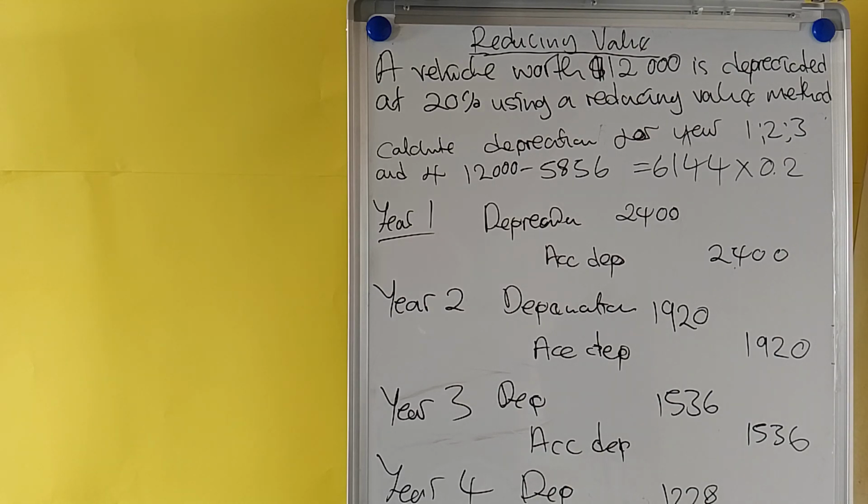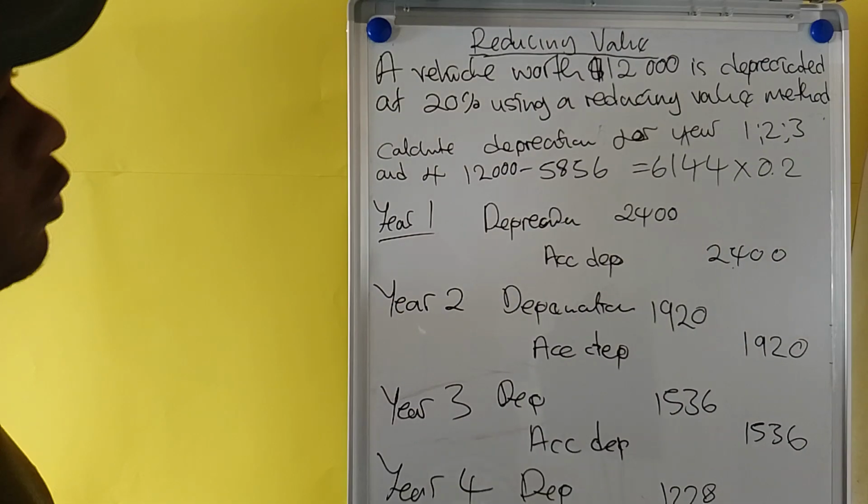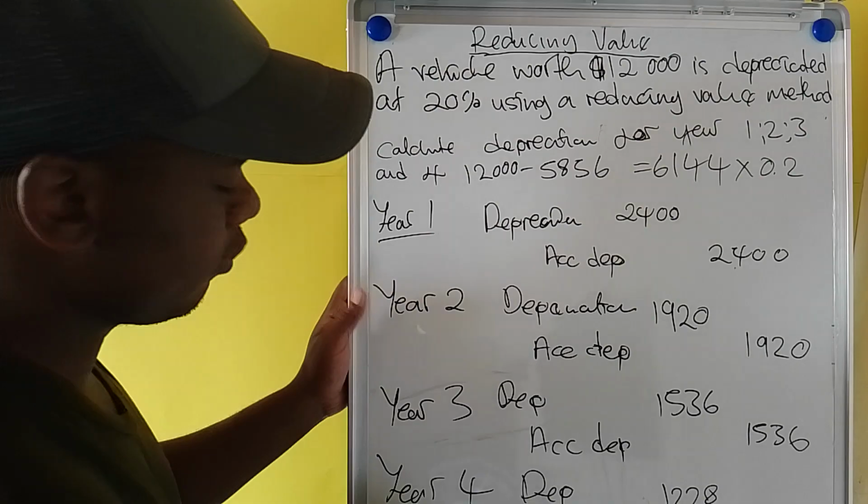Now let's look at what will happen in year 5, which is the final year of the motor vehicle.